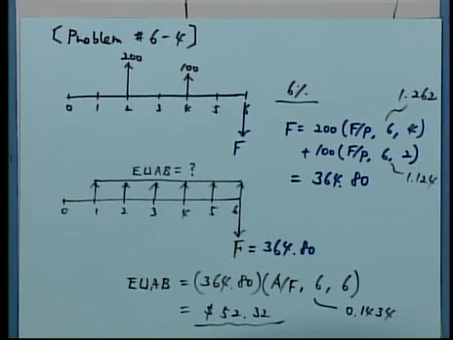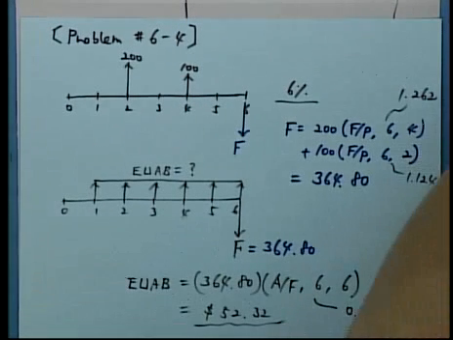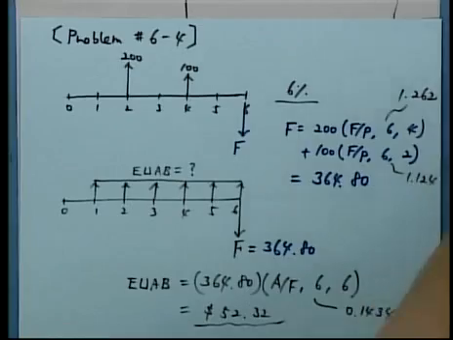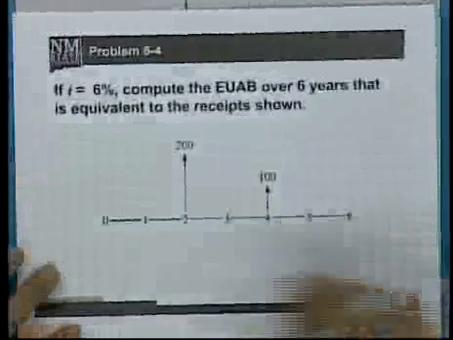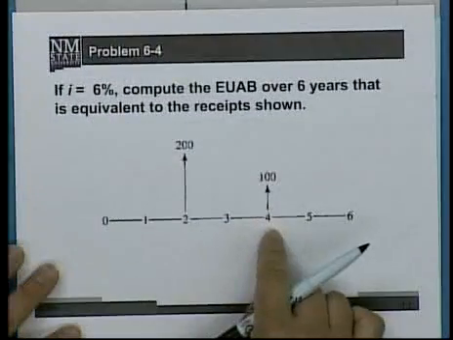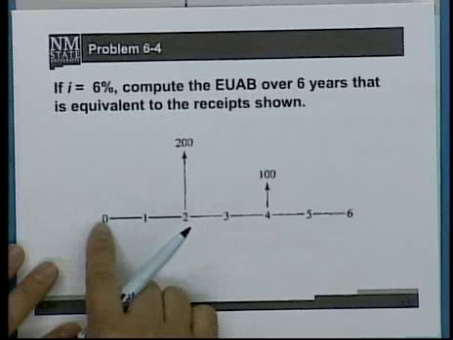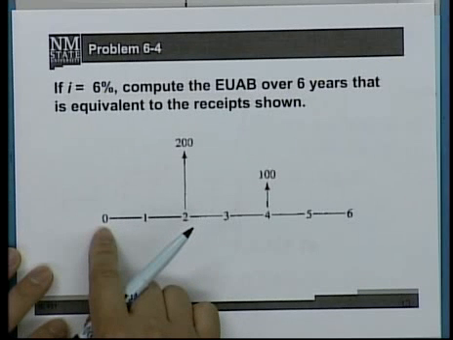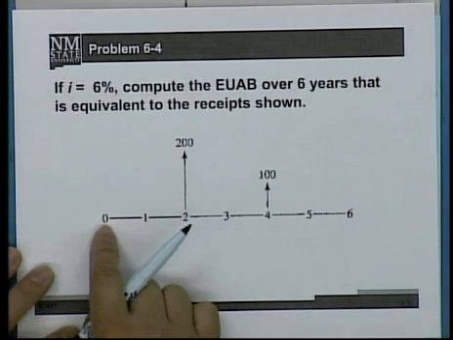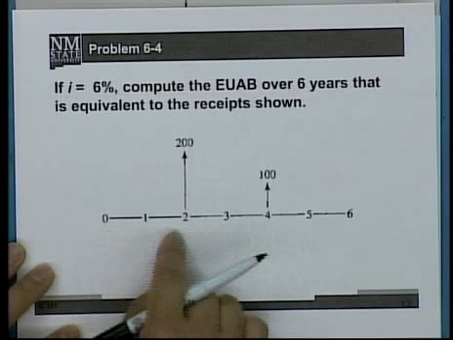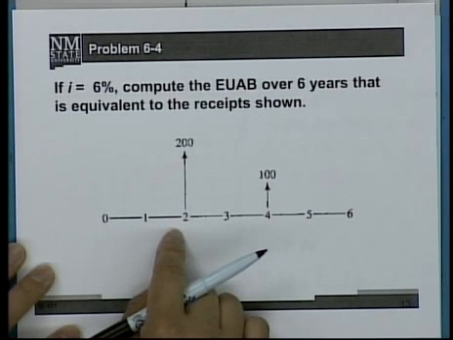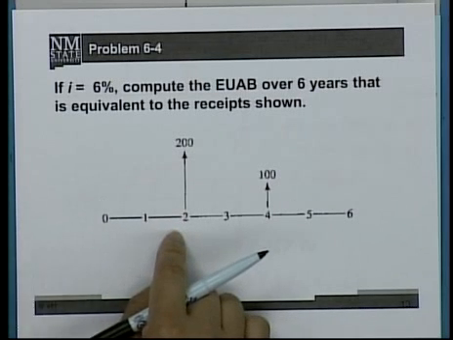Alternatively, you may convert each of these two single payments to the present worth, and then convert the present sum P to the equivalent uniform series of annual benefits.